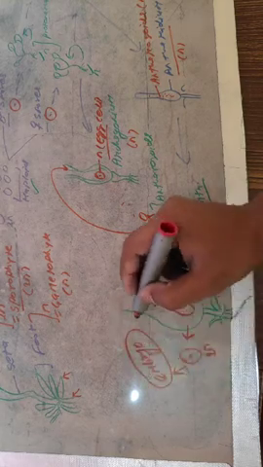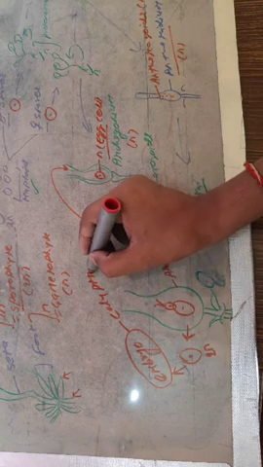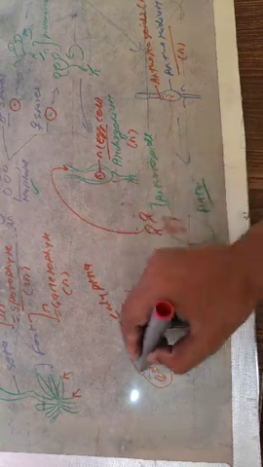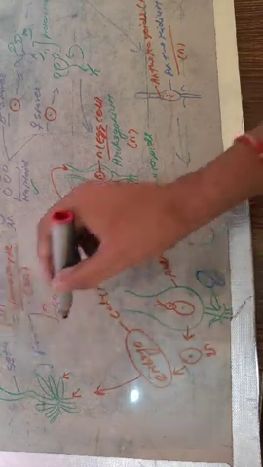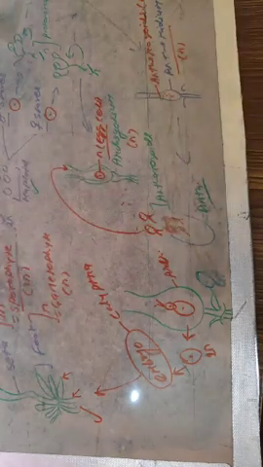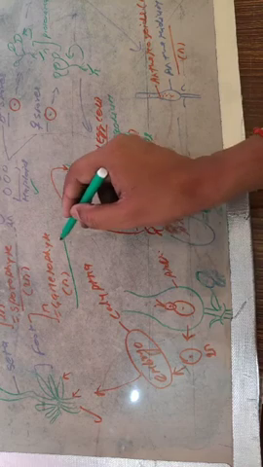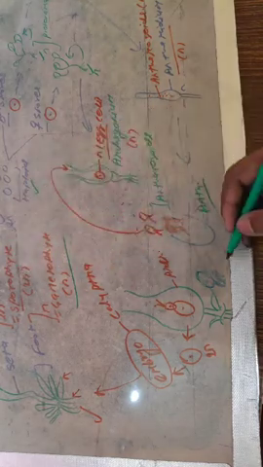The embryo earlier remains covered by the calyptra. The calyptra is the covering of the embryo, and the embryo will develop into this type of structure. So let us see how the bottom becomes gametophyte and the top becomes sporophyte.